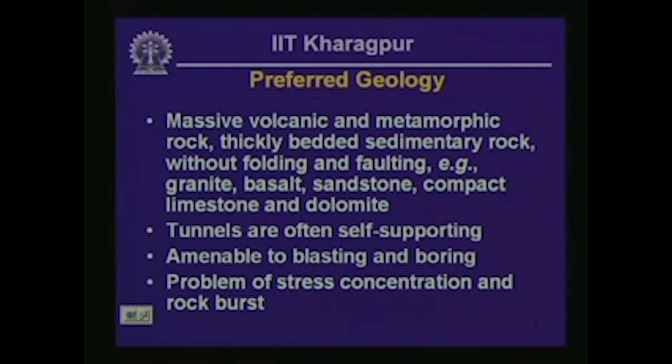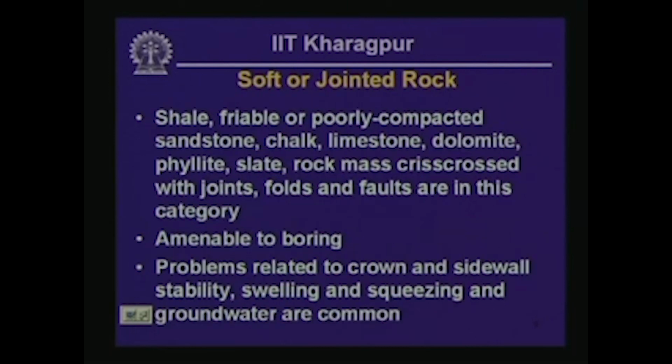Okay. So that gives us a preferred geological setting, but a preferred geological setting is not often the case, and what we are left with is a much worse situation than the ideal conditions that we just now discussed.